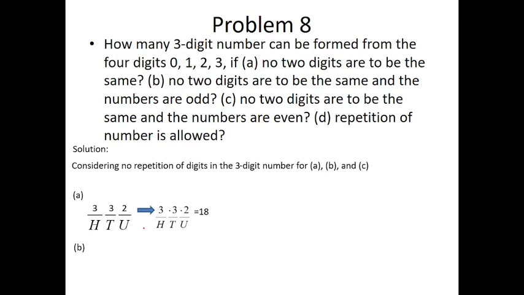Considering the three-digit number, if the number is odd, from the digits 0, 1, 2, and 3, we are only allowed to use either 1 or 3 at the units place, because 0 and 2 are even numbers, while 1 and 3 are odd.